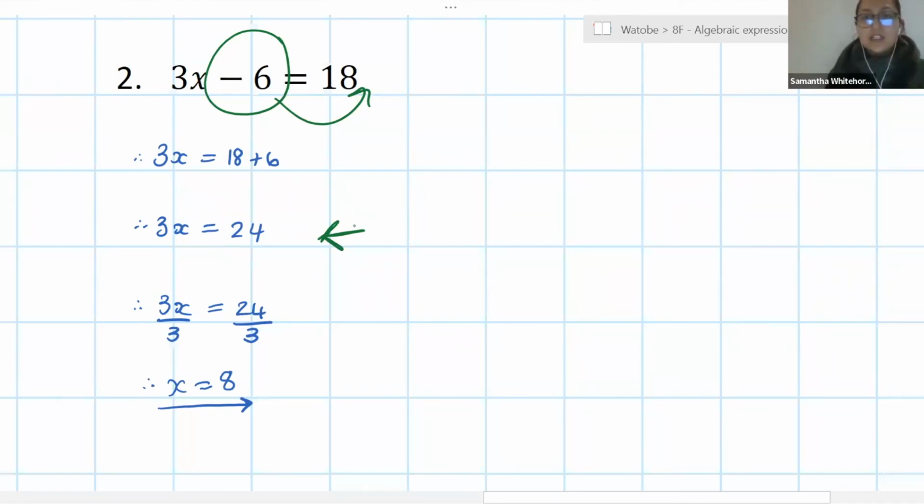So what I need to do is the opposite of multiplication, which is division. So that's why I divide both sides by 3. And exactly, 24 divided by 3 is equal to 8. Well done, guys. Awesome. She's explained it so nicely. I hope everyone understood that question. Okay, so take a screenshot if you need.